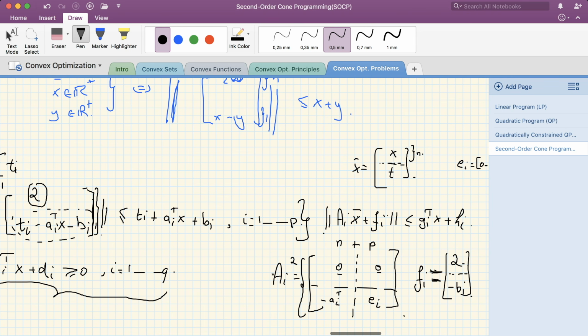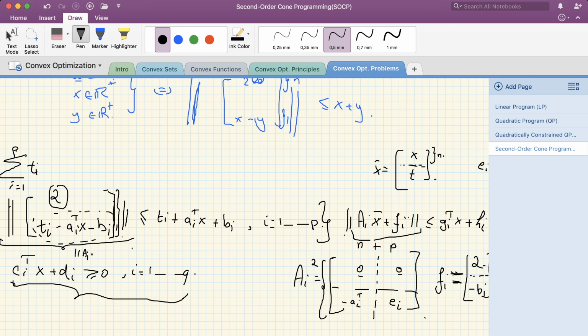Now you can go ahead and verify that AI x bar plus Fi, this norm, is actually this. So this is norm of AI x bar plus Fi. And it's not hard to see that this guy is easily GI transpose X plus HI, where GI is AI and HI is TI plus BI.